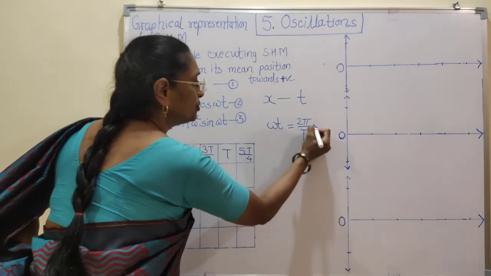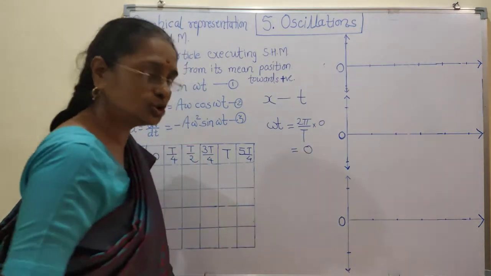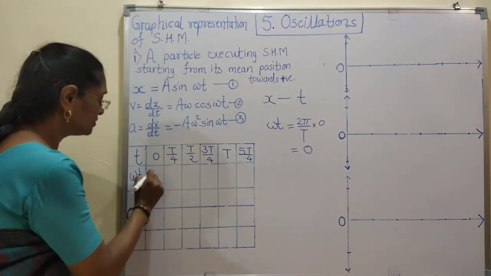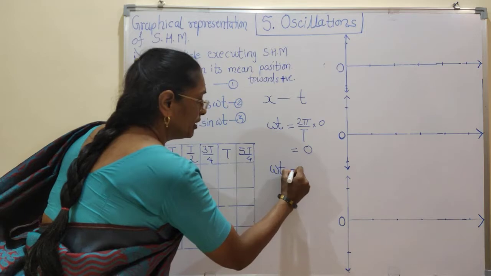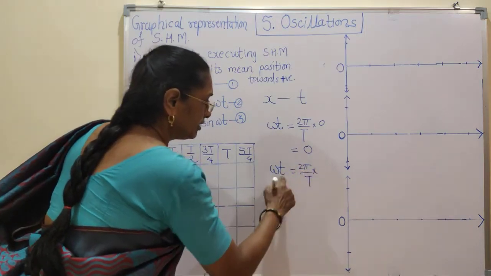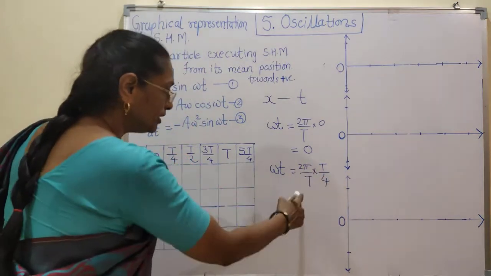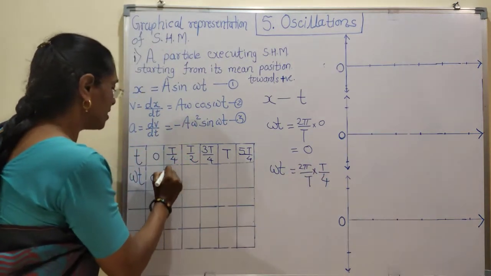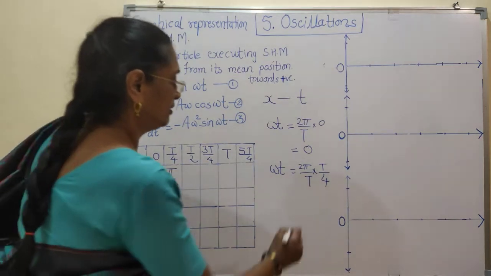If we substitute t is equal to 0, then omega t is equal to 0. Then for t equal to T by 4, we get omega t as pi by 2. Simple calculations are there.